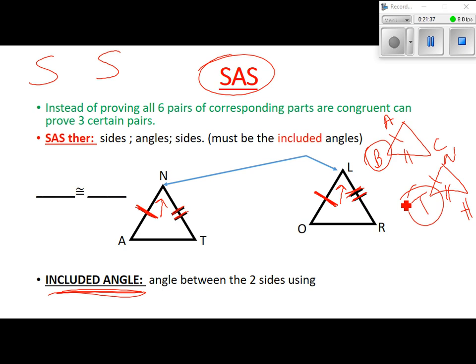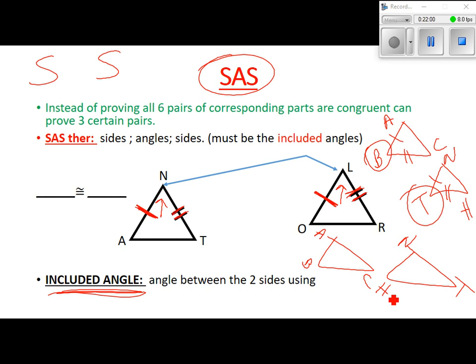All right? And as we go through and do this, I'm going to show you this, and Michael will have a good laugh. If I had 2 other triangles, we'll call this one ABC again. We'll call this one NTH again.